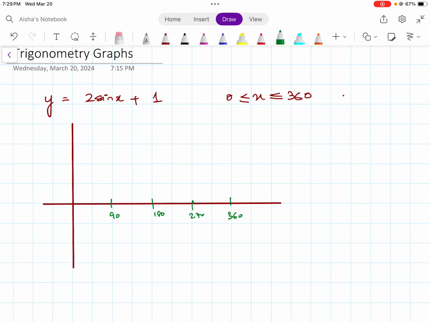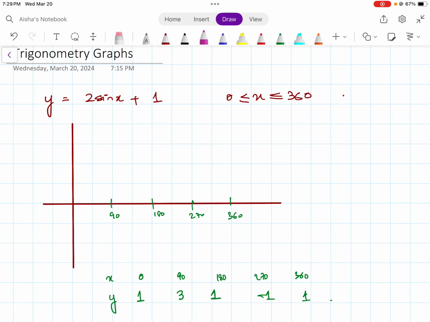We make a table, and by putting in the values, we find out. So it's 2 sine x plus 1. You get a 1 here, 3 here, a 1 here, a minus 1 here, and a 1 here.